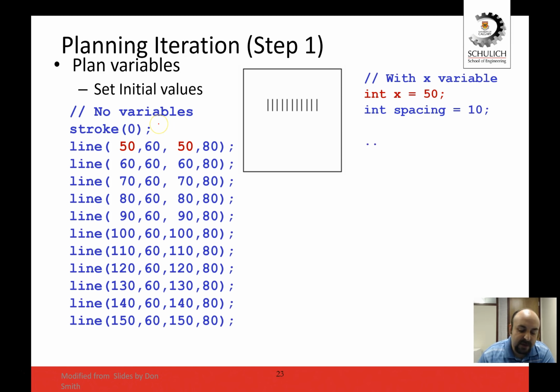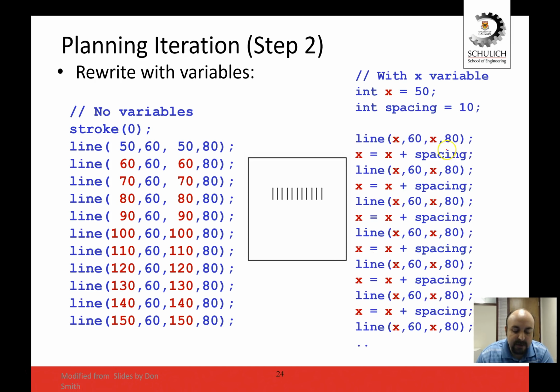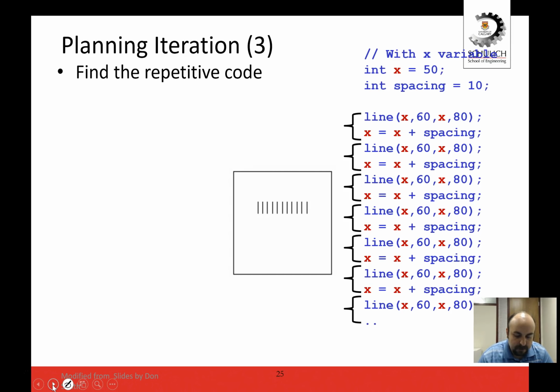We have x at 50 and spacing at 10. Using this, we can use a formula where we say line x, 60 as one point, and then x, 80, and then increase x by 10, which is spacing, and so on. You can see this thing repeating 11 times, because you want 11 different lines. This is the step that is to be repeated.